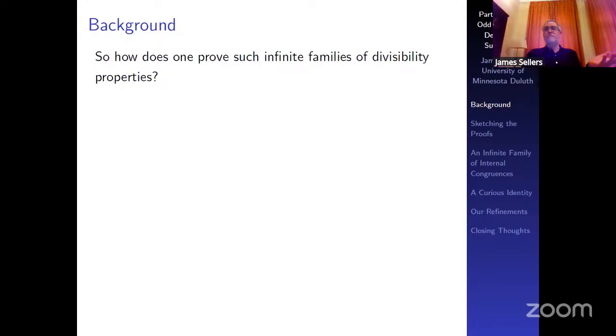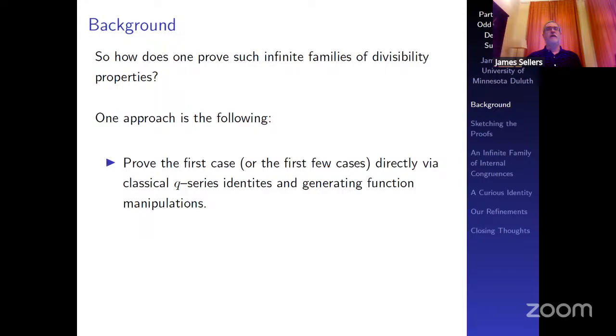Okay, so how do you prove these kinds of things? Say this infinite family mod 4, this infinite family mod 8. Well, one approach is this. You start by proving the first few cases of the congruence family just using classical results, generating function manipulations and dissections. And you prove those, in essence, almost like they are the base case of an induction proof.